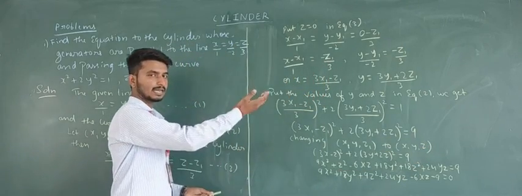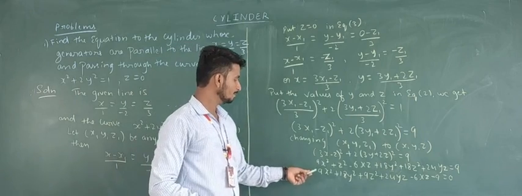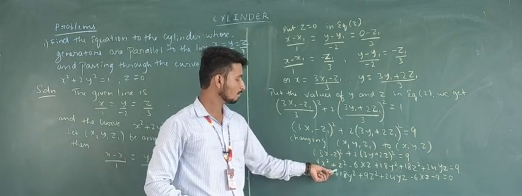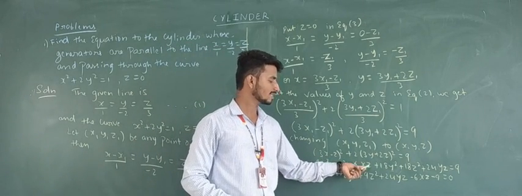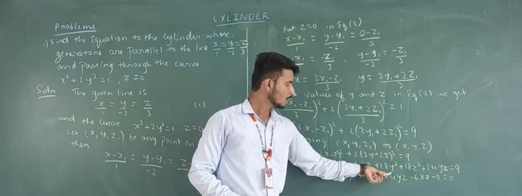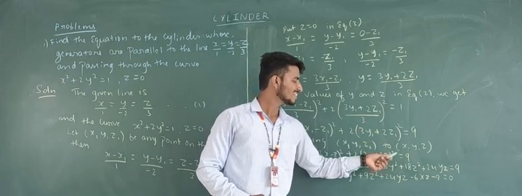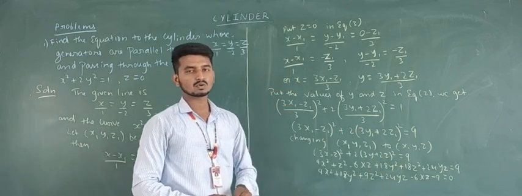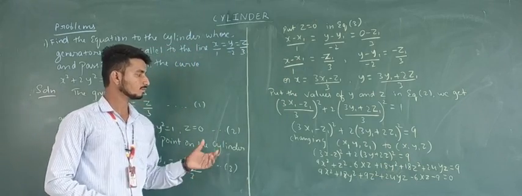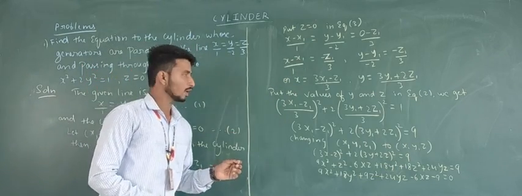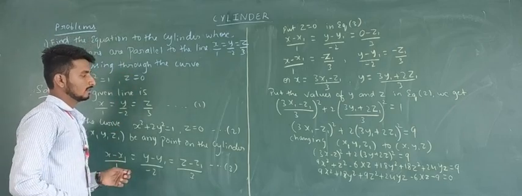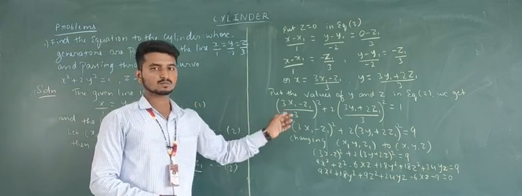By taking the 9 to the LHS, that will be 9x square plus 18y square plus 9z square plus 24yz minus 6xz minus 9 equal to 0. So this will be your equation of a cylinder. So this is about the first problem.